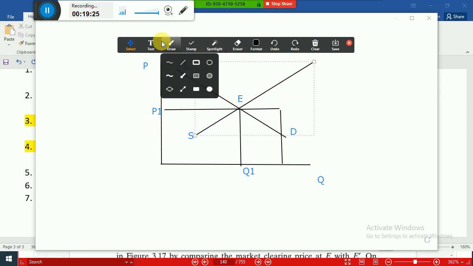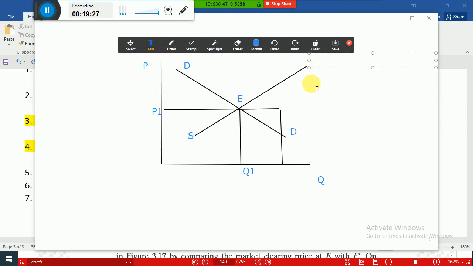So this is the initial situation where demand and supply curves intersect each other at point E. We will also remove this. This is the initial situation.